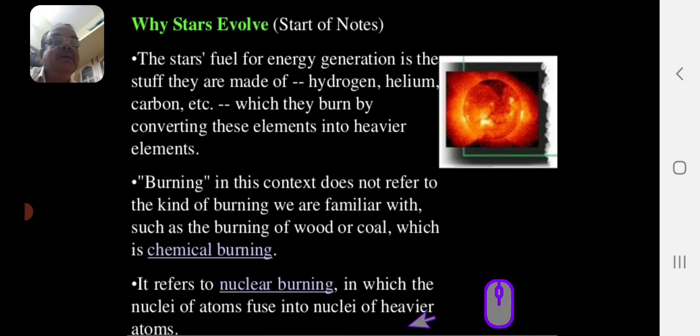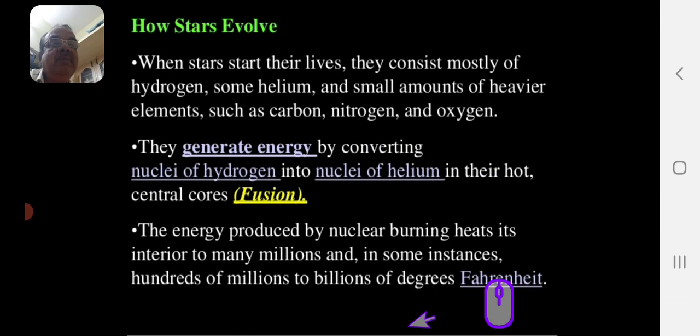Where higher energy is developed due to fission. When the stars start their lives, they consist mostly of hydrogen, some helium, and small amounts of heavier elements such as carbon, nitrogen, and oxygen.